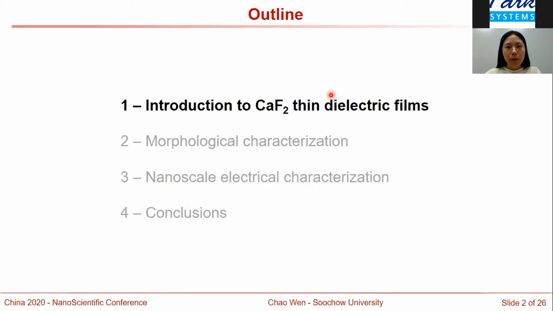I will divide my talk into 4 parts. In the first part, I'm going to introduce some background information of our research work. Then, I'm going to talk about the morphological information of our calcium fluoride layer. After that, I'm going to talk about several experiments to analyze the electrical properties of calcium fluoride at nanoscale. And the final part is a conclusion.